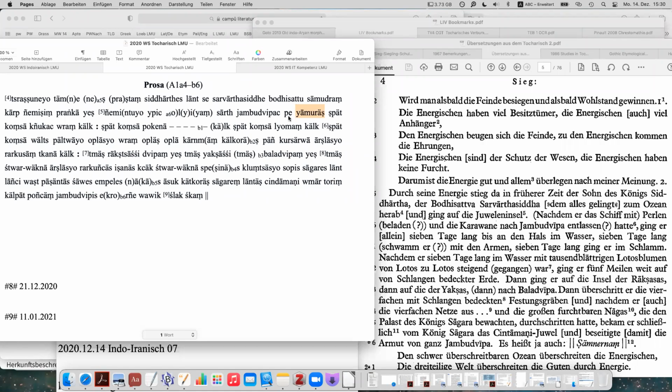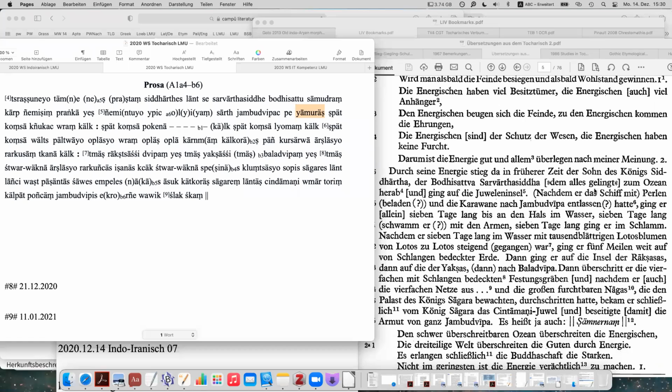So sput is 7 and komsa is day, but day in imperative. Okay, so for 7 days. Knukach means his throat. Okay, in German. So we can first check the German translation.